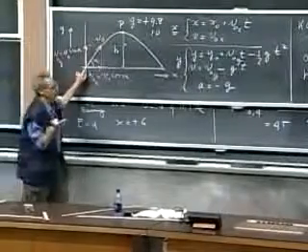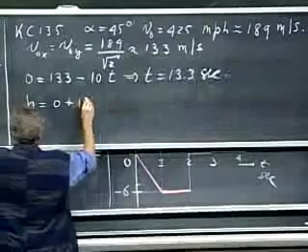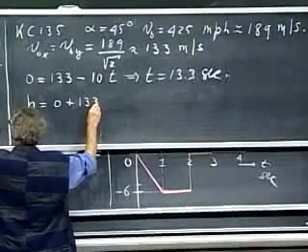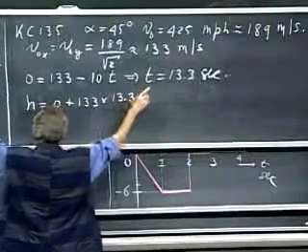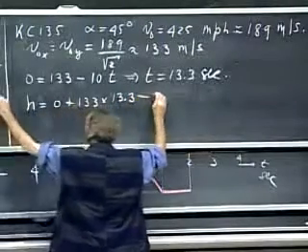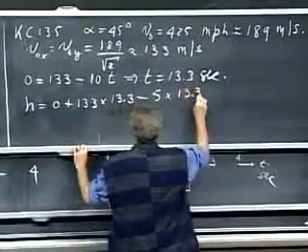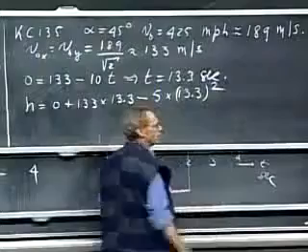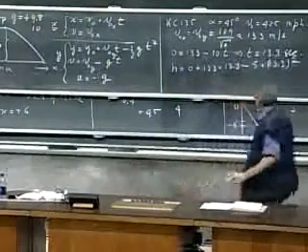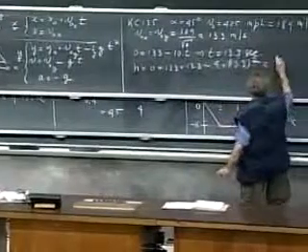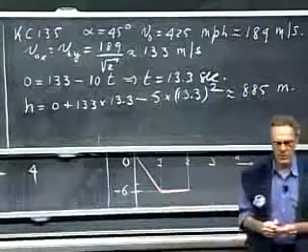I'm free to do that. h equals 0 plus 133, that is the speed, times 13.3 seconds, minus 1/2 times g, that is 5, times 13.3 squared. That is what h must be. And that turns out to be about 885 meters.